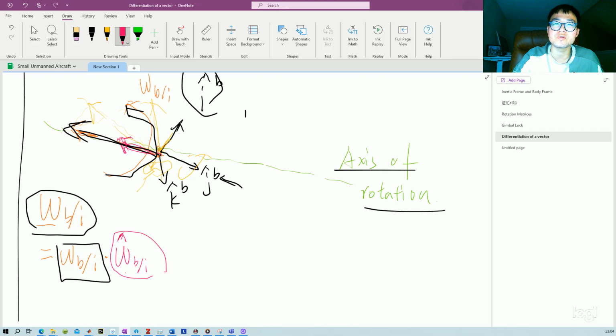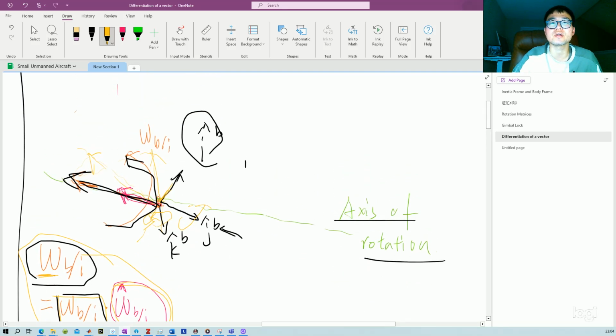Usually once we have this kind of hat, we assume it is a unity vector. While if we express things with an underline here, it means the total vector has a magnitude part, and it has a direction as well. So this is the way that we express the rotation here.